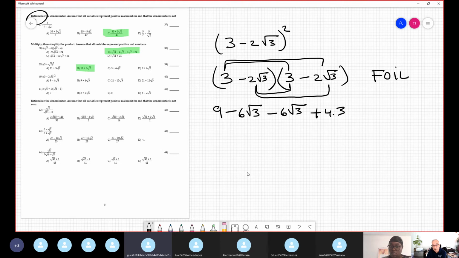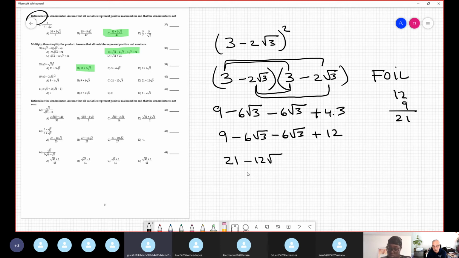So the multiplication 4 times 3 is 12. So we have 9 minus 6 radical 3 minus 6 radical 3 again plus 12. Now 12 plus 9 is 21, and minus 6 together with minus 6 is minus 12 radical 3. Boom, final answer: 21 minus 12 radical 3.